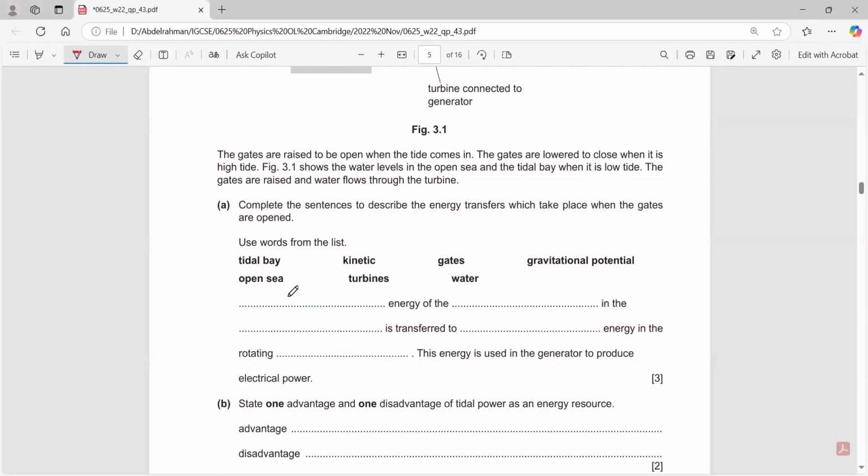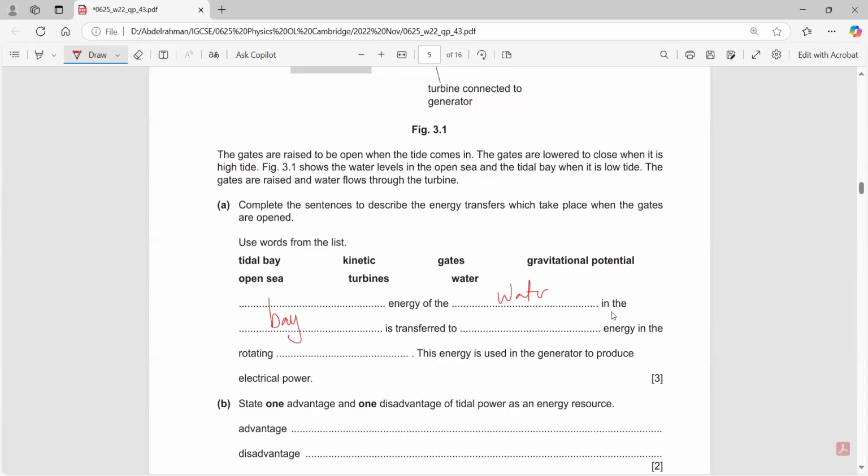Okay, so gravitational potential energy of the water, the water is coming in. If you're not sure if it's gravitational potential energy or kinetic energy, anyway, of the water in the what? In the bay.